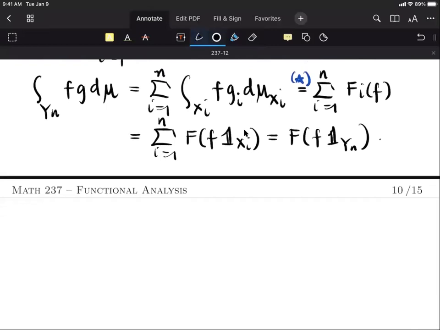So now we pass n to infinity, since this one again is increasing.